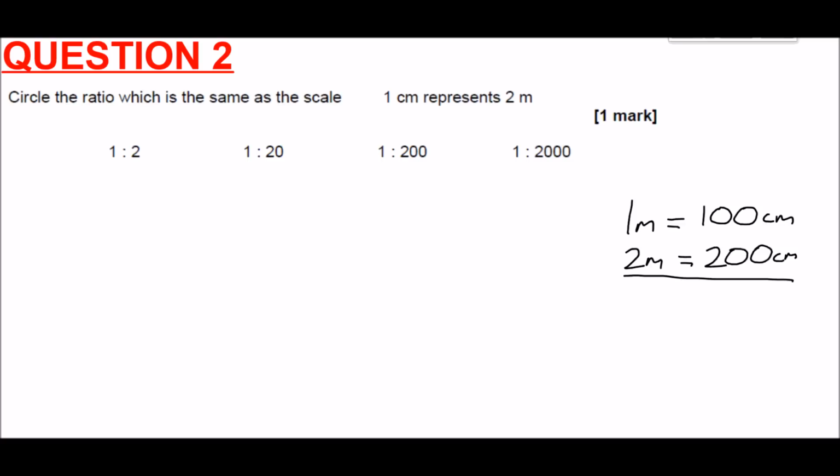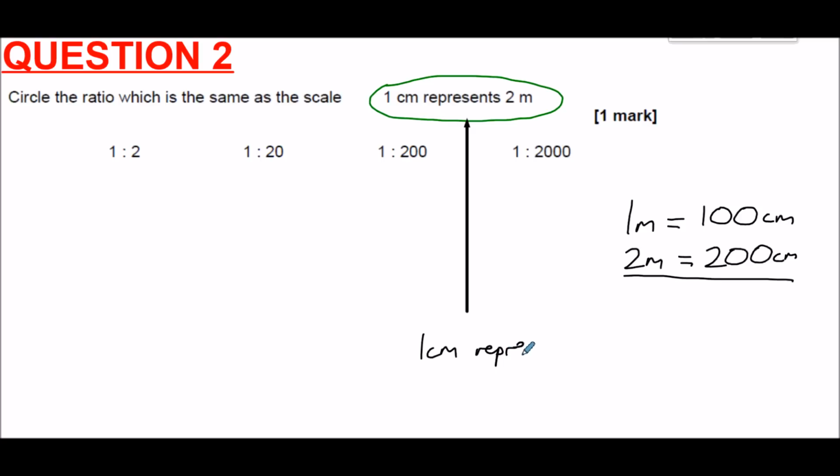And so we can think about this one, 1 centimetre representing 2 metres, in this way. If you put it all in terms of centimetres, it's the same as saying 1 centimetre represents 200 centimetres. Now we're talking about the same units, so it's easier to compare.